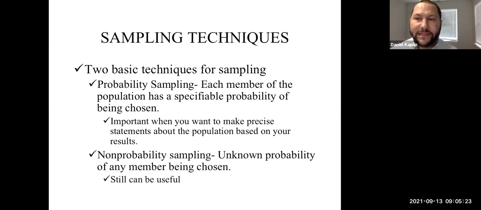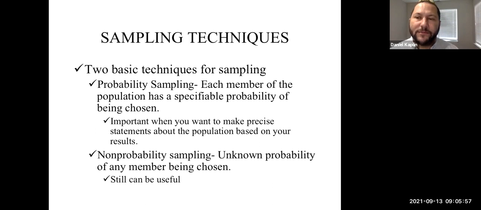Now, non-probability sampling, you don't know the likelihood of an individual being selected, but that doesn't mean that it has no utility, right? If you are just trying to see if in your sample you have statistically significant differences, then you could draw meaningful conclusions about your research question in your sample, but you can be a little bit more cautious about generalizing to the population.